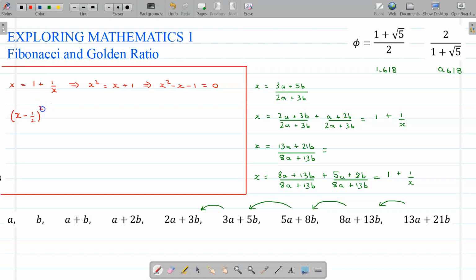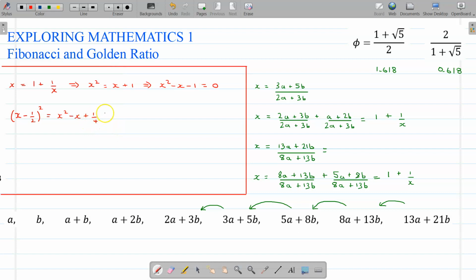Now x minus a half squared is equal to x squared minus x, because it's minus a half x minus another half x plus a quarter. But my equation said x squared minus x minus 1. And I've currently got plus a quarter.